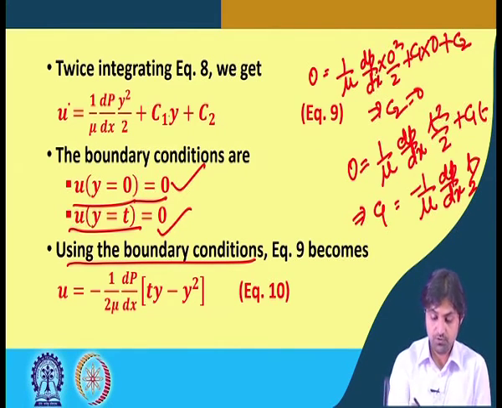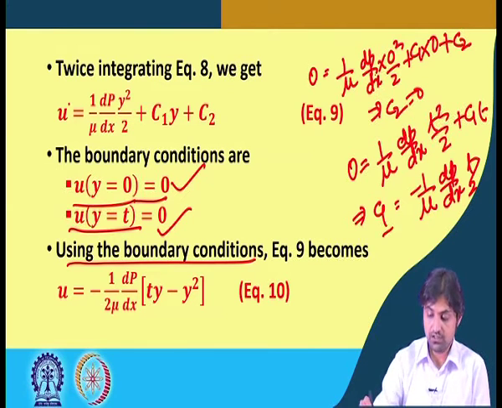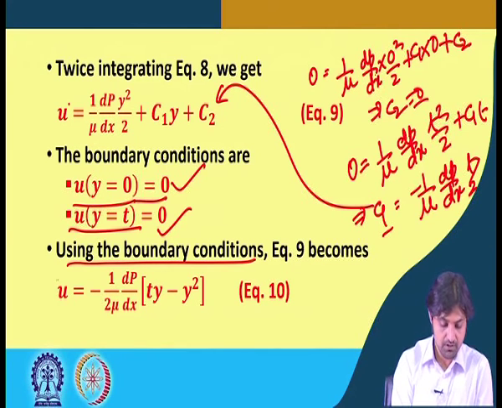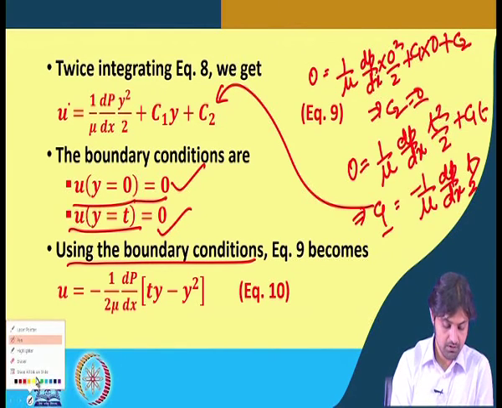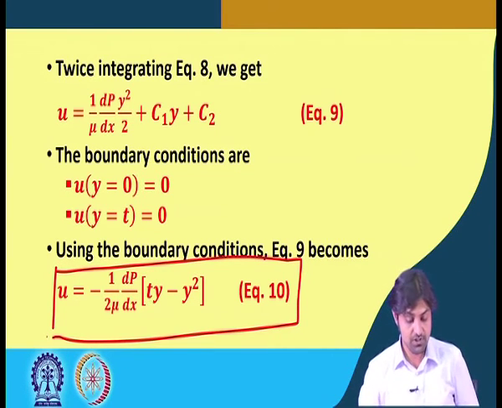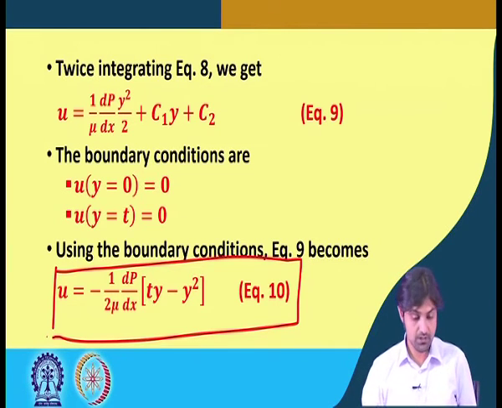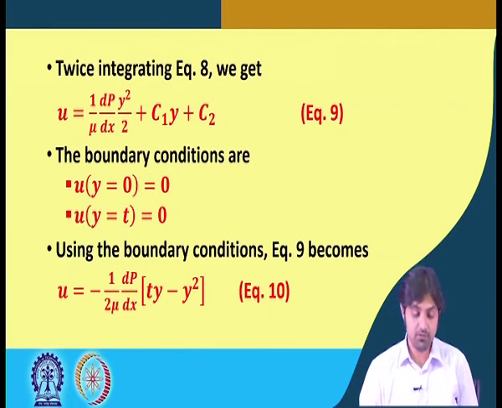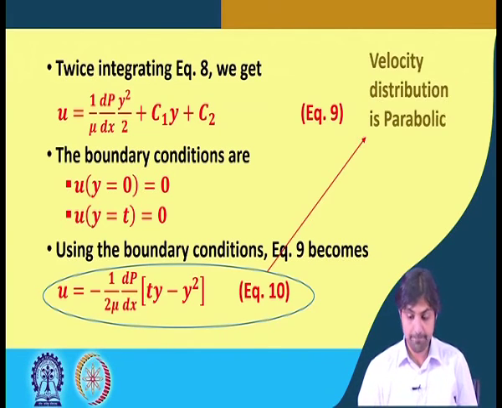You substitute c1 and c2 in these equations, and this is how you end up with this u. So this is the final equation for u after substituting the boundary conditions. This is also something that you can try to remember because it is quite simple.